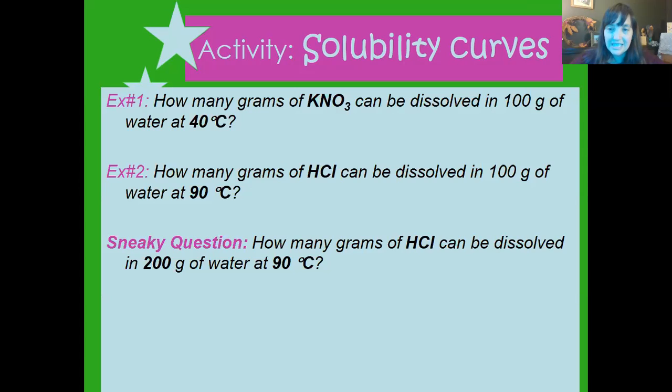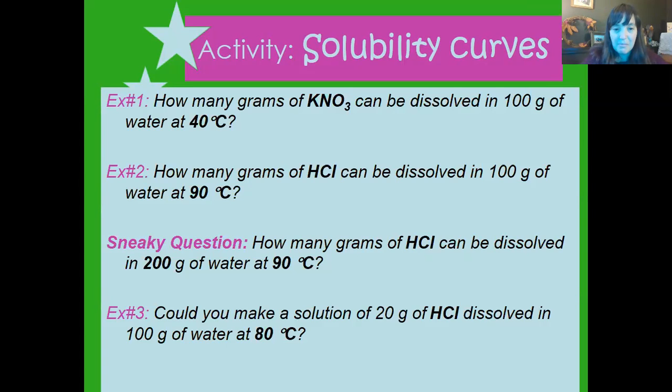And then a slightly sneaky question, how many grams of HCl can be dissolved in 200 grams of water at 90 degrees Celsius? And then example 3, could you make a solution of 20 grams of HCl dissolved in 100 grams of water at 80 degrees Celsius? So you can pause the video, try to figure those out, and then come back for the answers.